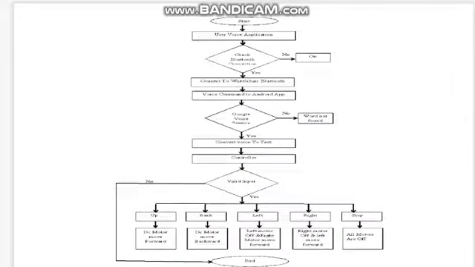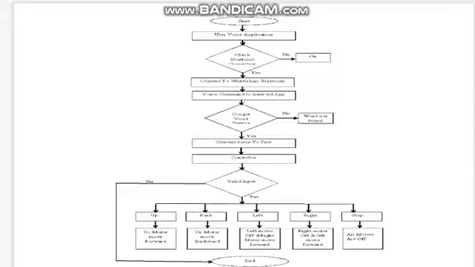And next, this is the flow chart. In this, the user's voice recognition in the cell phone goes through the Bluetooth module, then the Google voice converts it and it goes to the microcontroller.